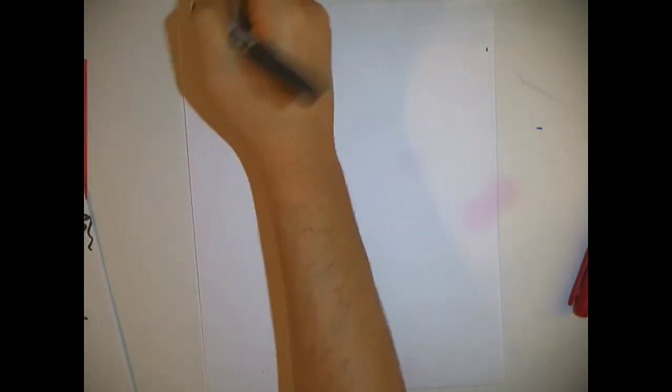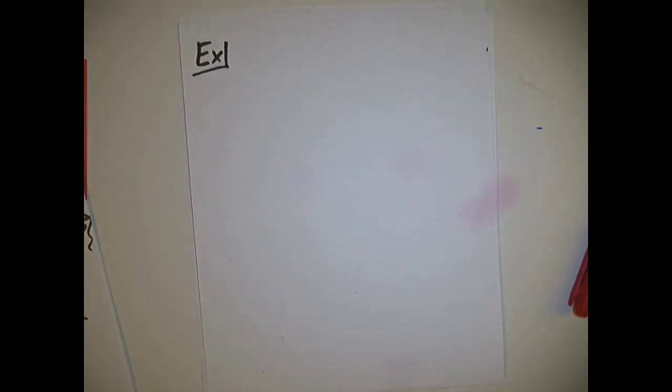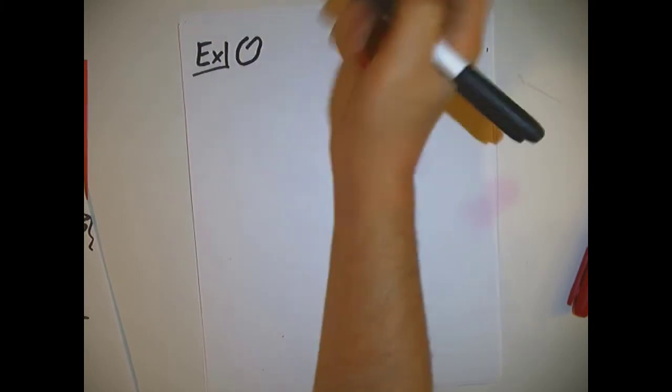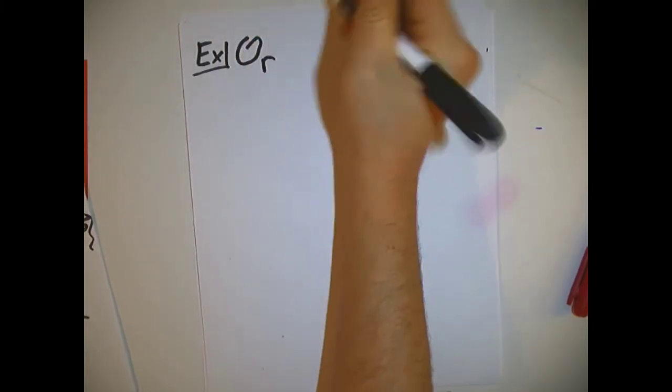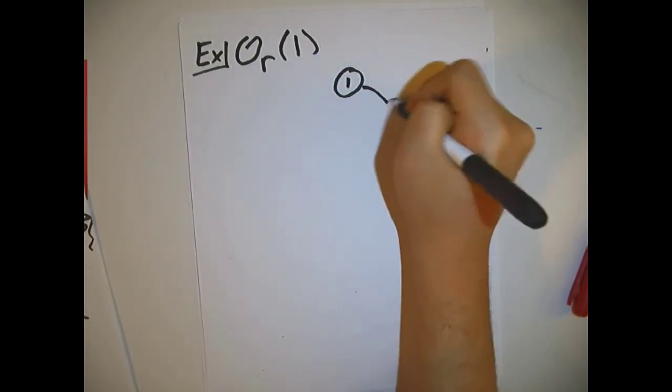Let's do another example. Let's see what happens if I instead look at the orbits of just r. So start here at 1, and look at our necklace again.